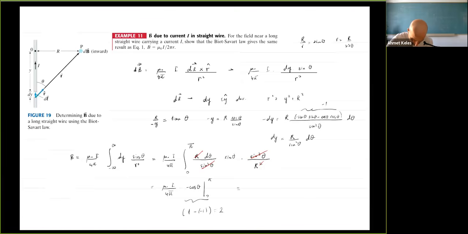So this whole thing is B equal to mu 0, okay, I forgot an overall R. So this R should be here: mu 0 I over 4 pi R times 2. And for the direction you can use the right-hand rule if you like, but the cross product already told us it's into the page.